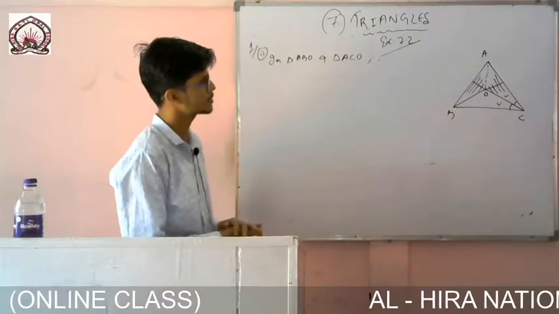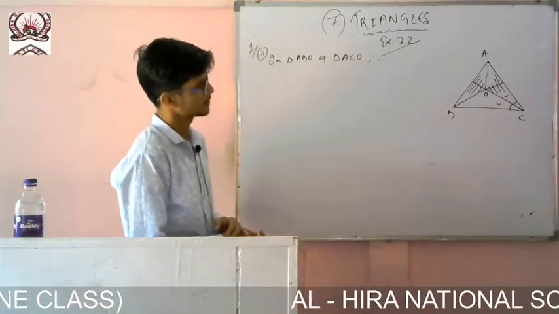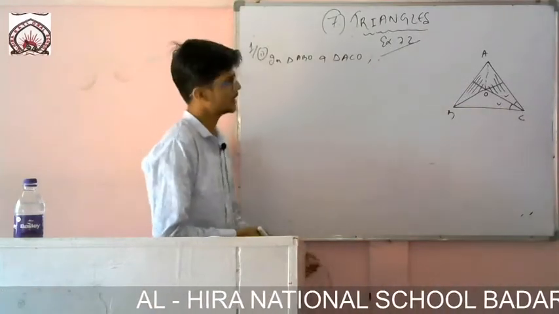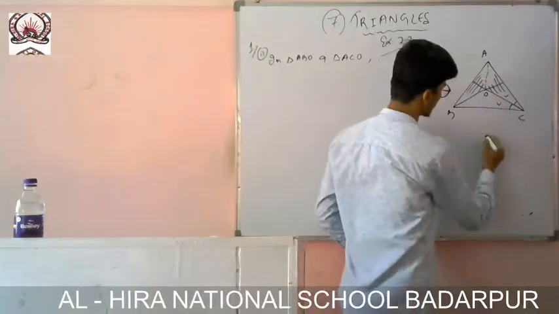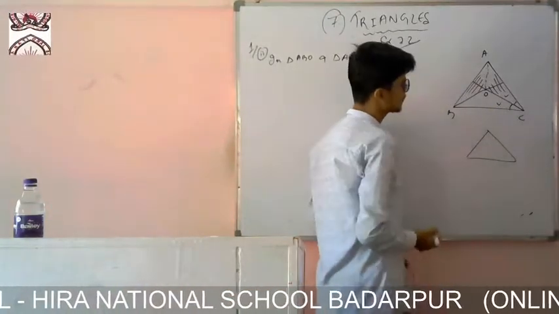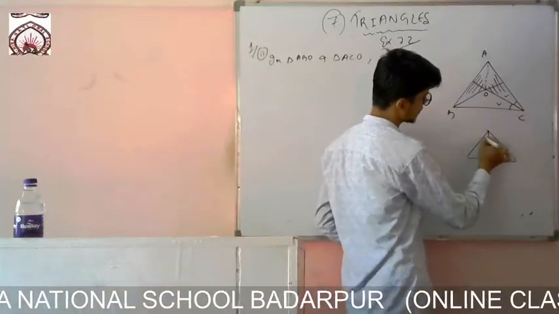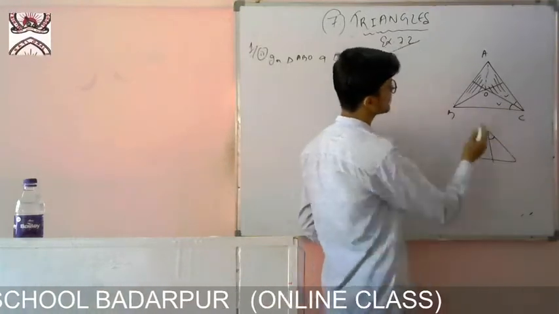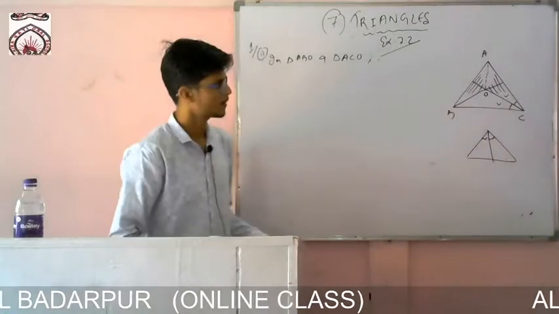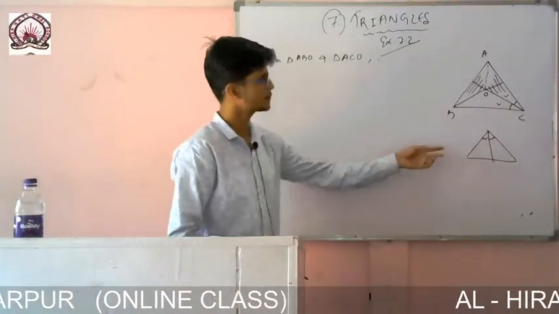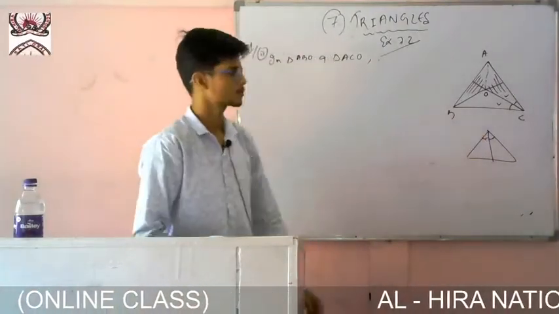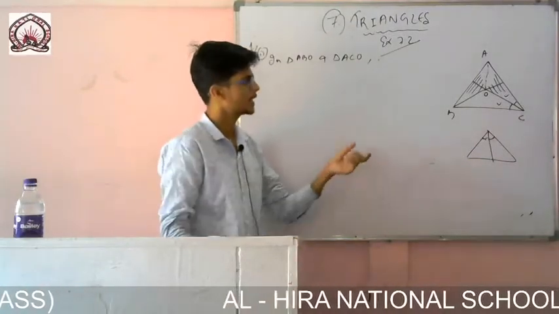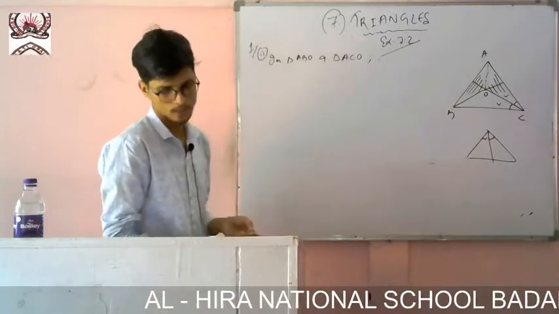If I can prove that these two are congruent, then I will show later that this angle and these angles are also equal. And if these two angles are equal, that means they are bisected equally. The question is to prove that AO bisects this angle. So if I can prove that these two angles are equal, then I can say that yes, AO bisected angle A into two equal parts.